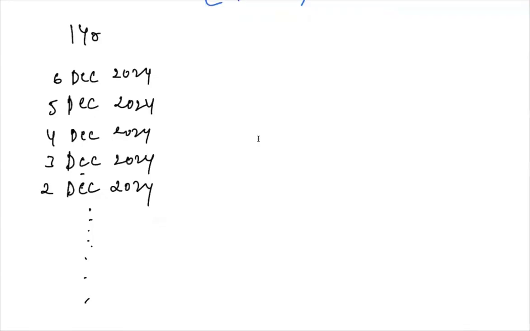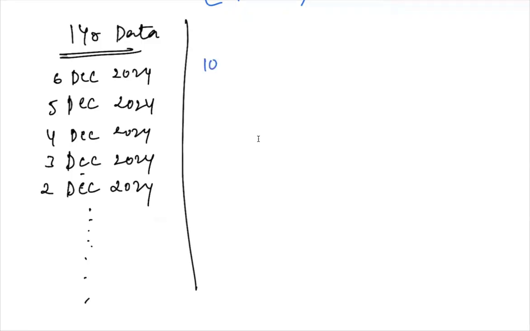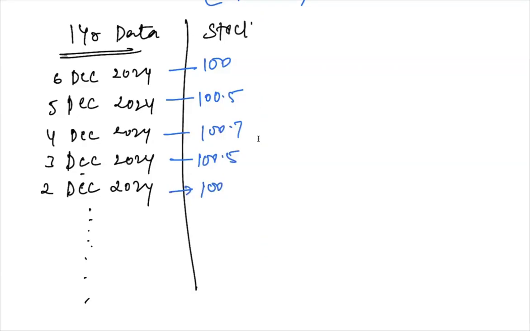Let's say the stock prices are something like this: 100, 100.5, 100.7, 100.5, 100. Now how will you calculate the returns?